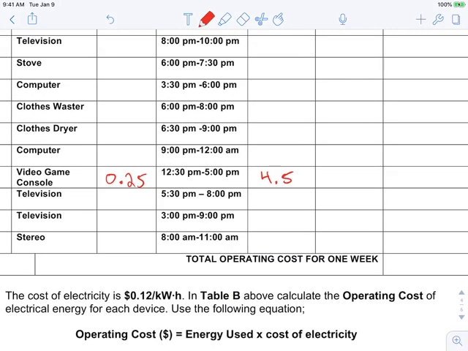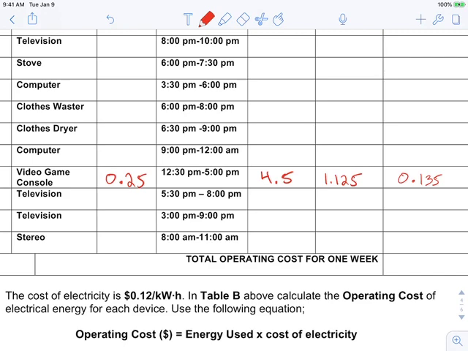So we take our power times our time, and 4.5 times 0.25 is going to give you 1.125. Great. Once we have the energy we use, now we can multiply it by our price, which is always going to be, for this question, 0.12. That ends up being 0.135.